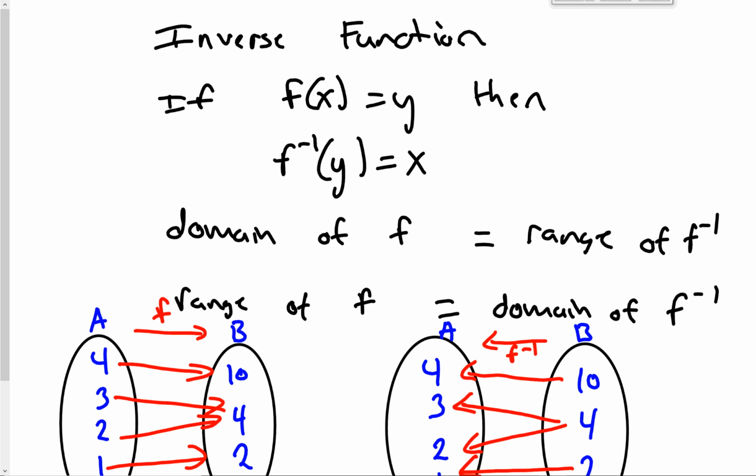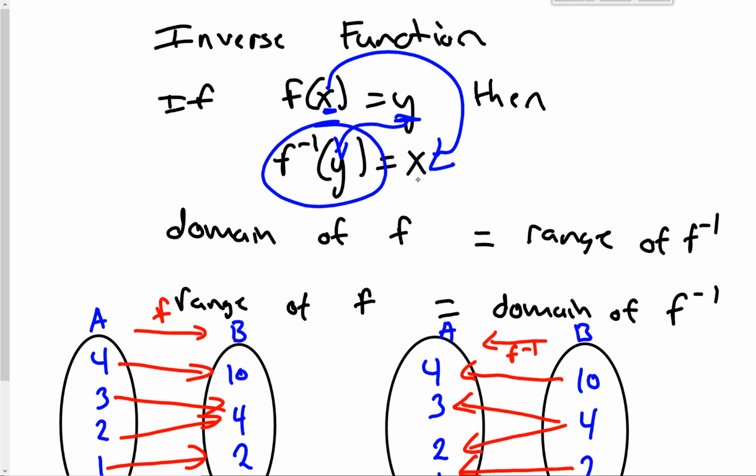All right, so let's talk about inverse functions. Normally, inverse is going backwards. So we use the f inverse symbol. And so I have my domain and I have my range. Well, with the inverse, my range becomes my domain, and my domain becomes my range.